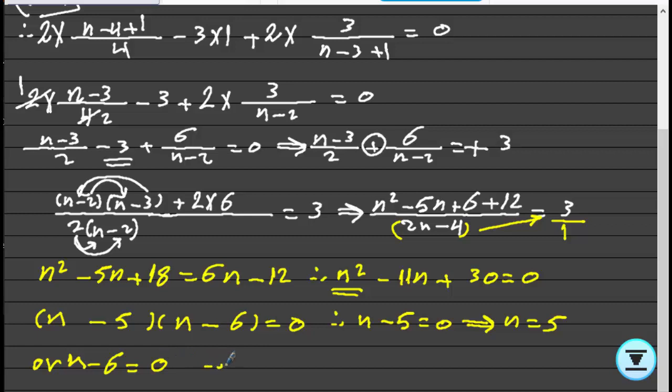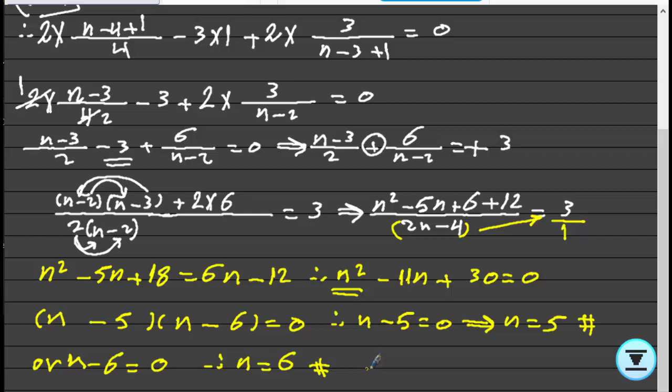Yes, it means n equals 6. Now we have n equals 5 and n equals 6. So this is the solution for this equation.